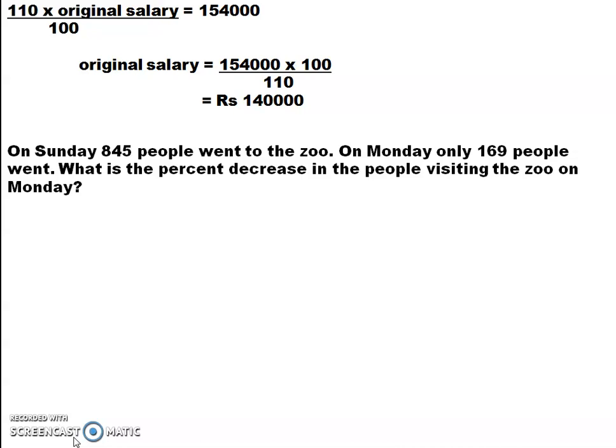Here, you are asked about the percent decrease. So, you will use the first formula which you saw, that is percent decrease is new value minus old value by old value into 100. Clear?